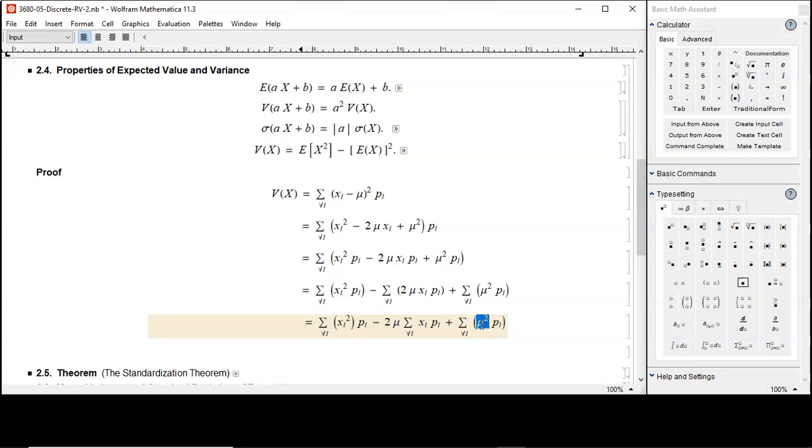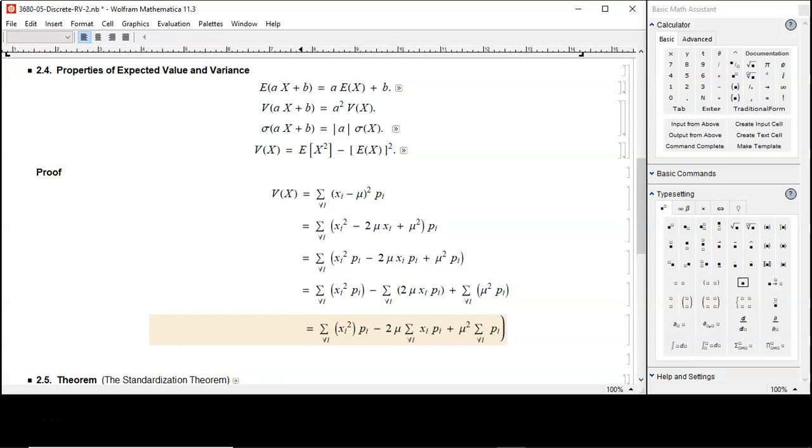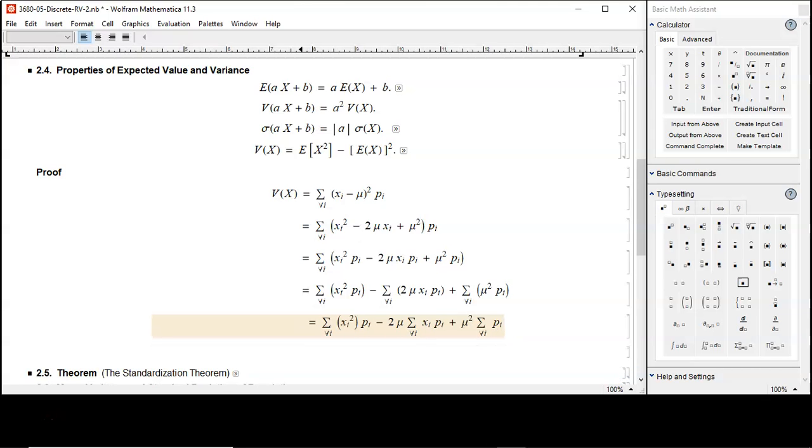Alright, next. Mu squared is constant, so let's take it out. It's distributive law. And then times pi. And what is this? Sum of all probabilities for all is going to be 1.